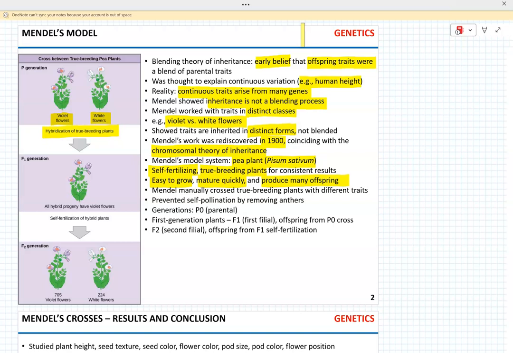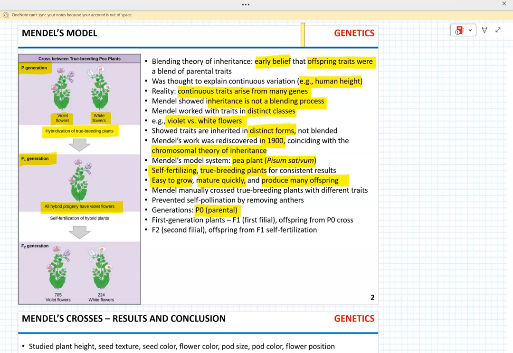So Mendel manually crossed two true breeding plants with two different traits, for instance, violet and white flowers. The parental generation is often referred to as P0, just P, and when he crossed two plants with two different traits in the parental generation, in the first generation, he only saw plants with violet flowers.